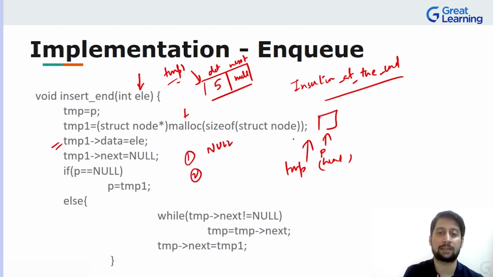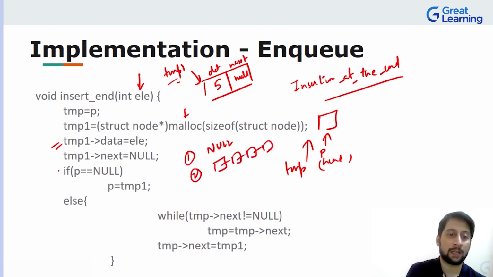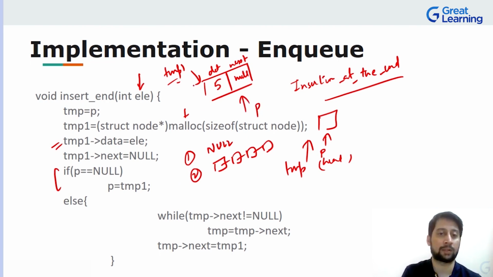One, when your head is null, and the second, when you have some items or some nodes in the linked list. It can be one, it can be many. Now, if this is the scenario where your head is null, then directly you go ahead and point this head node to this TMP1. Thus, you are inserting at the end, because in this case, you're performing it in a constant amount of time.